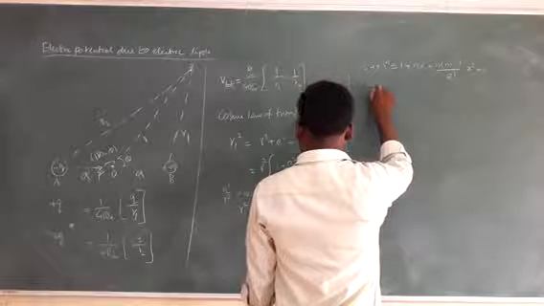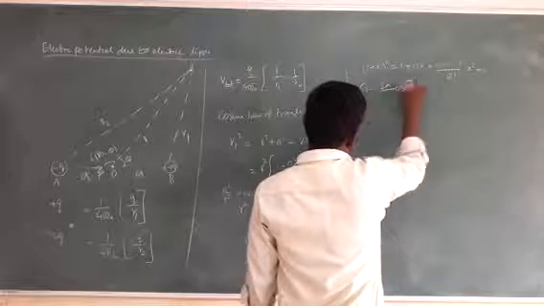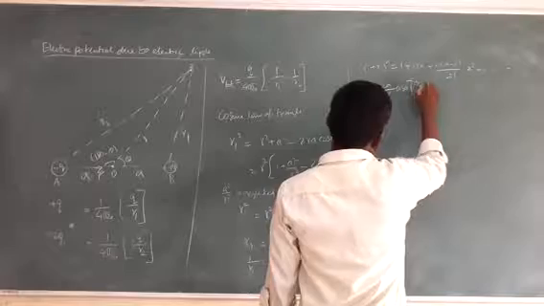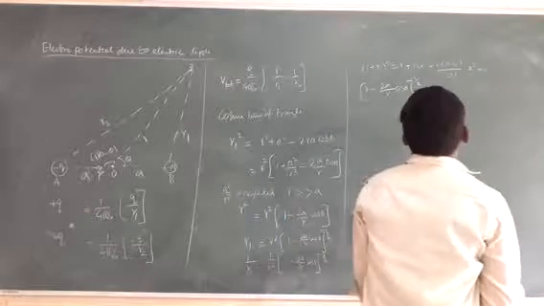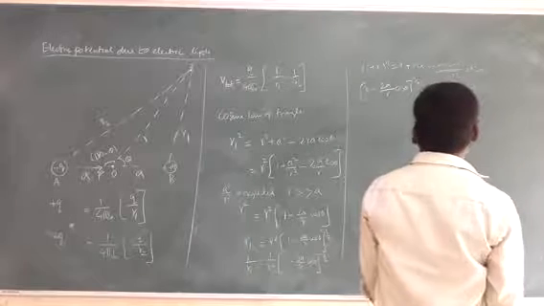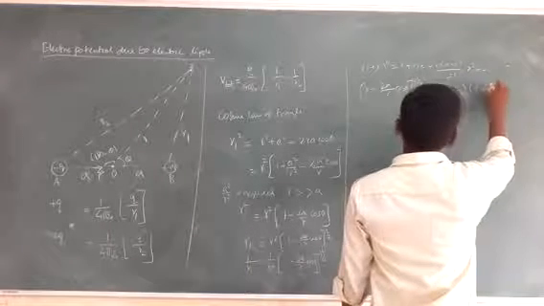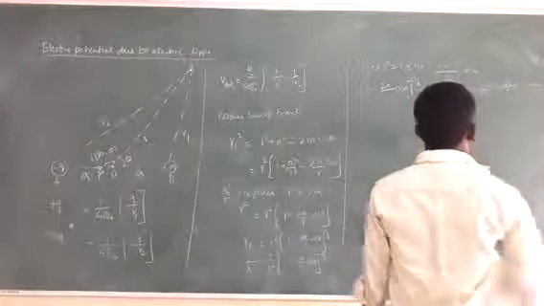So 1 minus 2a by r cos theta, power minus 1 by 2, is equal to 1 plus n, which is minus 1 by 2, times x, which is minus 2a by r cos theta. We are neglecting the higher order terms.